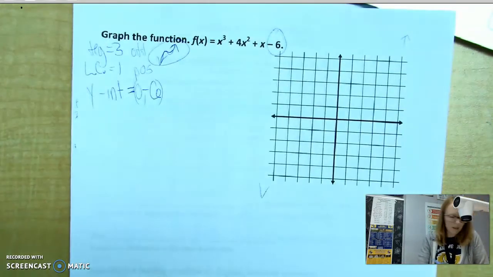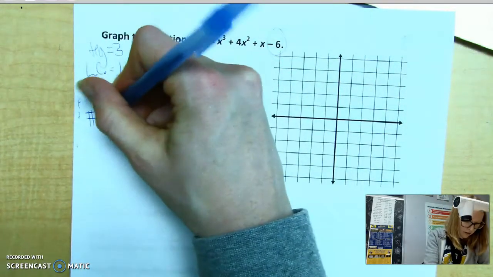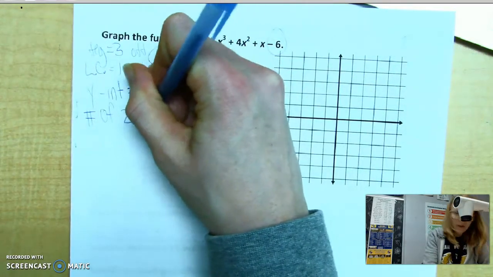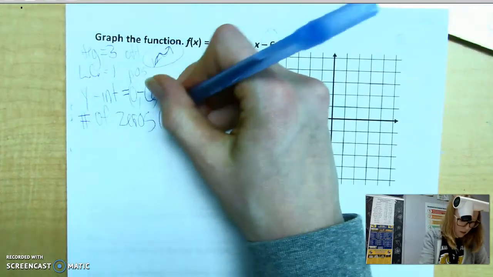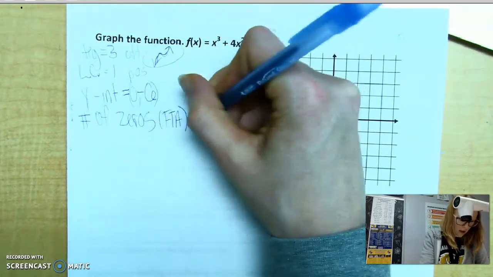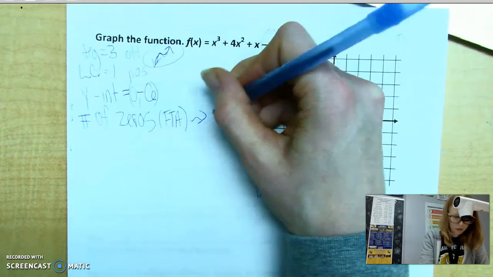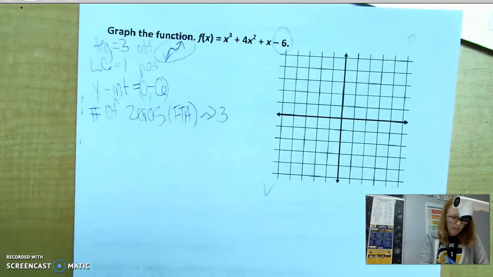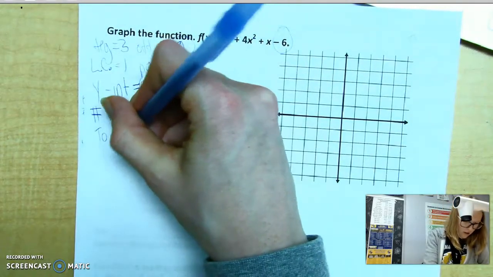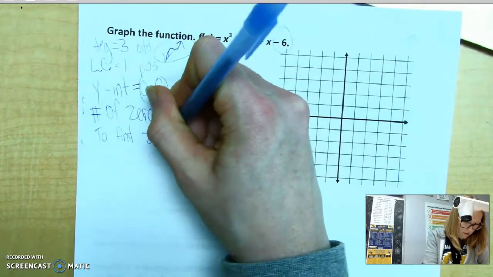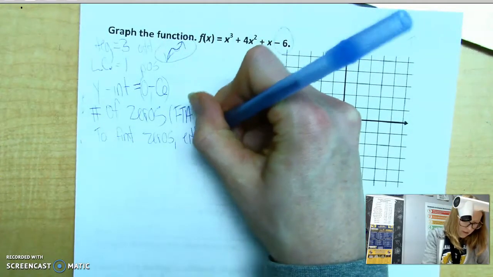And then how many zeros can you have? In this case, due to the fundamental theorem of algebra, I know that I'm going to have up to 3 zeros. And then to find your zeros, you can either factor or make a t-chart.